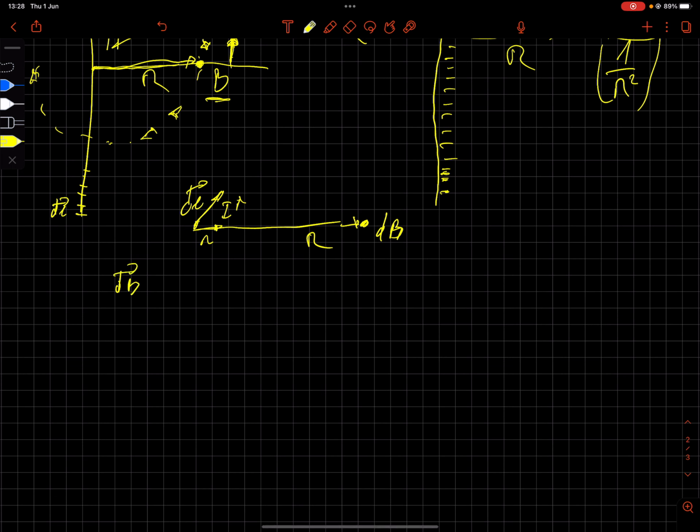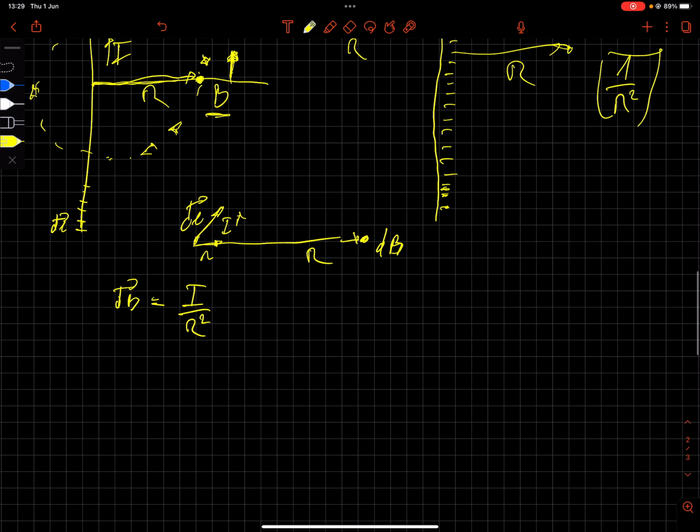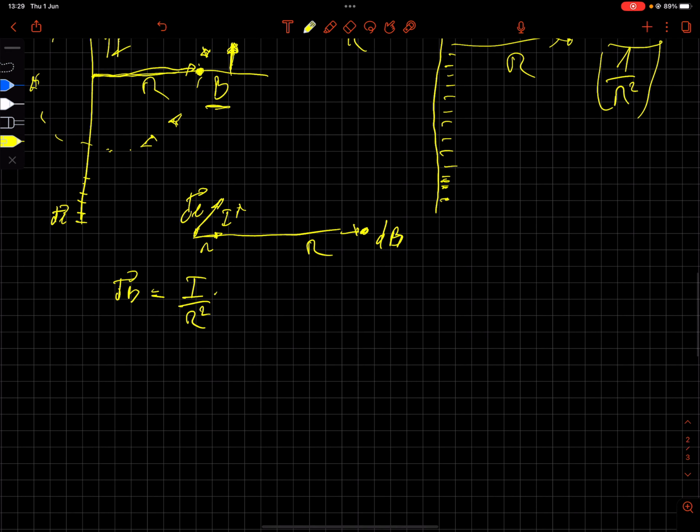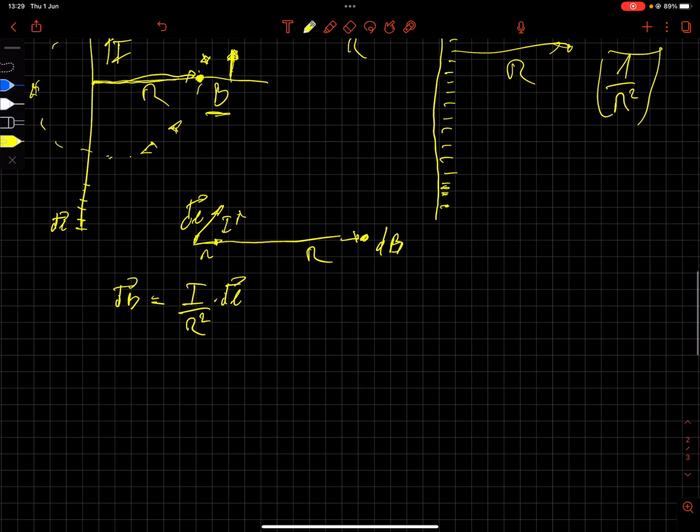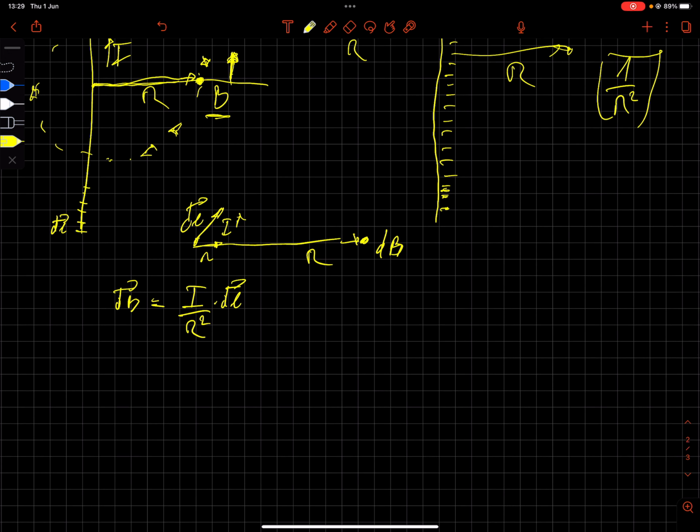So we have that the magnetic field is proportional to the current through that wire, right? It's inversely proportional to the distance squared, and of course we have dl, right? But this is not correct, right?